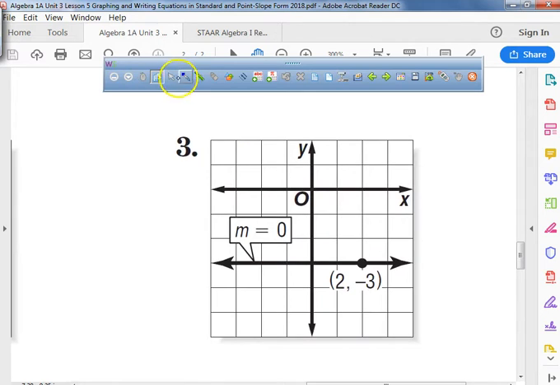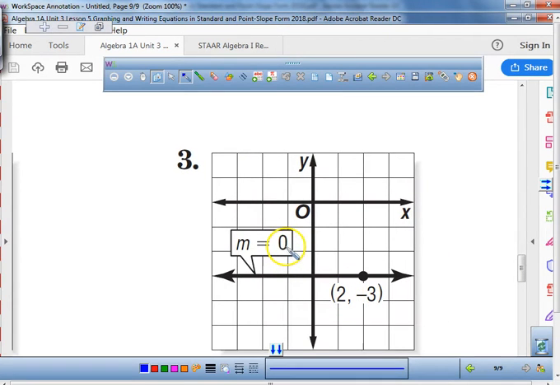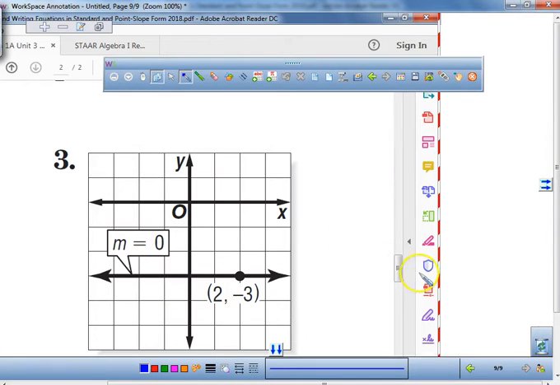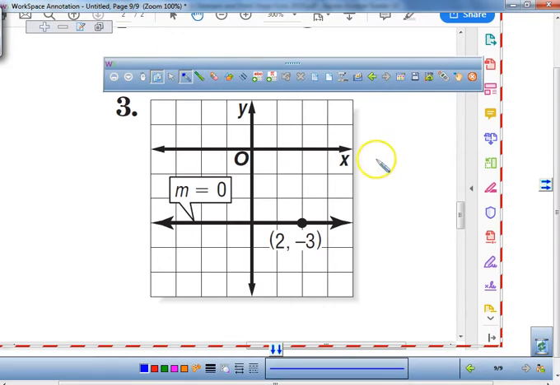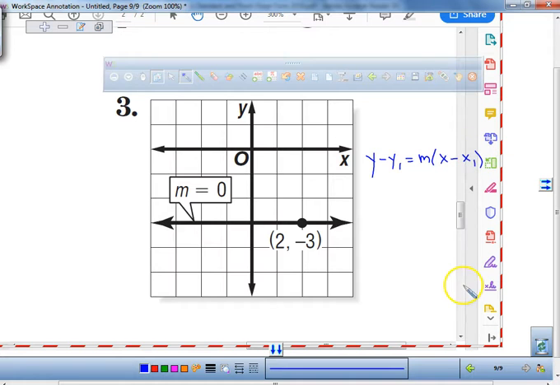Oh, tricky. You have a slope of 0 this time. See what we got here. All right, so let's write down our formula. y minus y1 equals m(x minus x1). Okay?